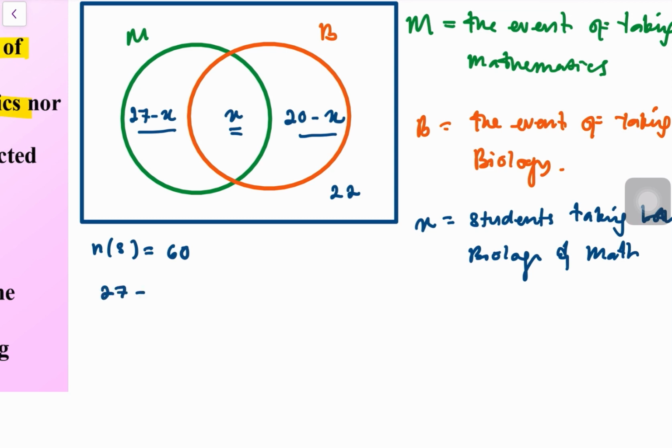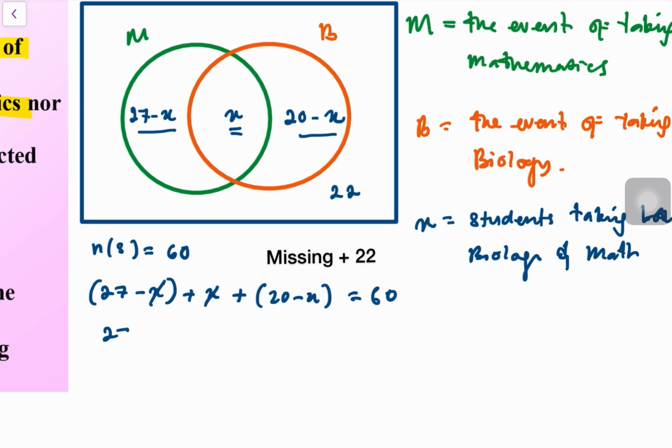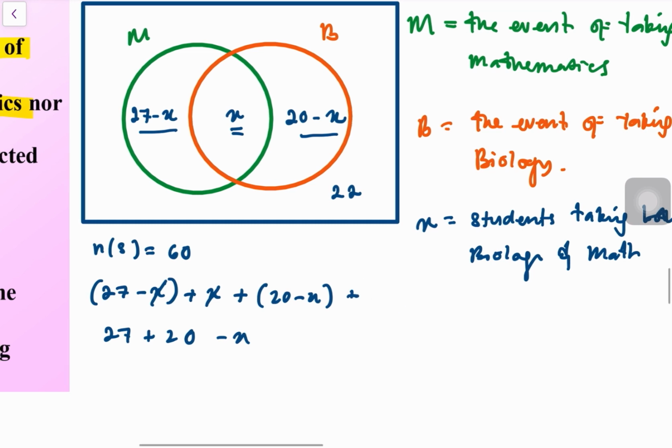So we have 27 minus x plus x plus 20 minus x, and we still have one more, which is 22. Sorry, so this is plus 22, equals 60.